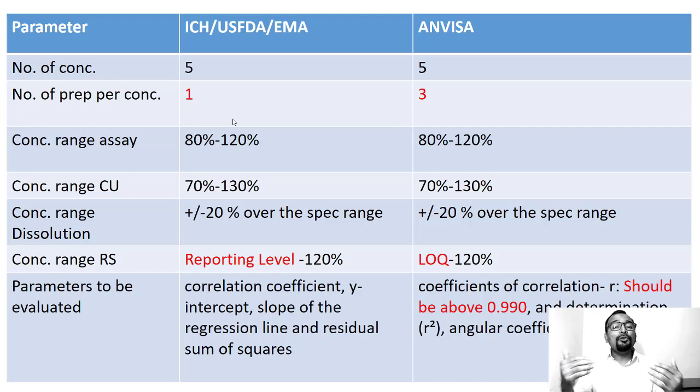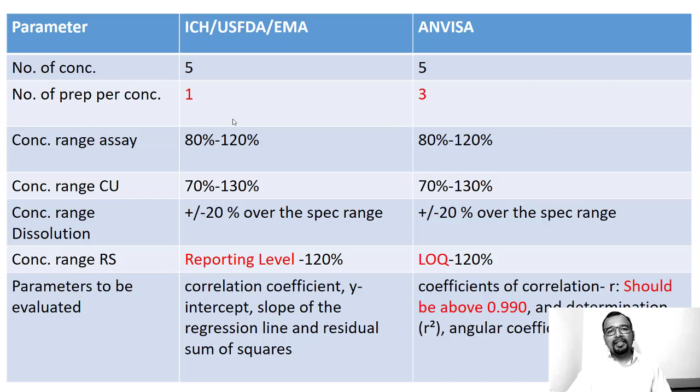That means you need to prepare three different stock solutions by weighing three different standards. So you will have three weighings followed by three stocks, and from those three stocks, you can have three different linearity solutions across your five different concentration levels.